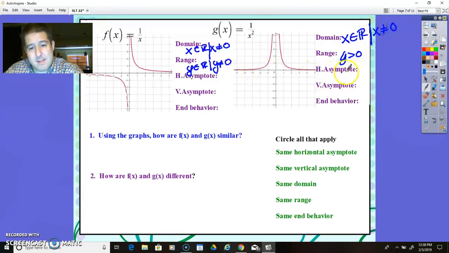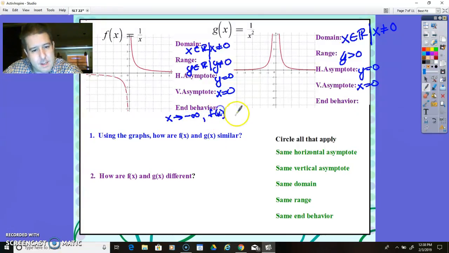Horizontal asymptotes are going to be the exact same as both of these, and the vertical asymptotes. The horizontal asymptote is going to be y equals 0, and they both have x equals 0 as the vertical asymptote. End behavior: they both have the same end behavior as well. This graph, the further you go left, so as x is going to the left, the height is getting closer and closer to 0.